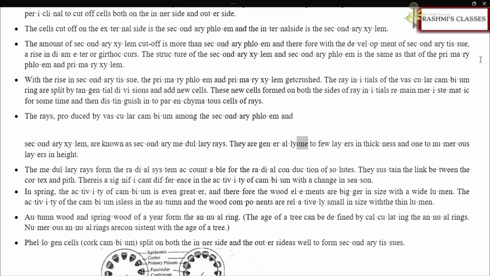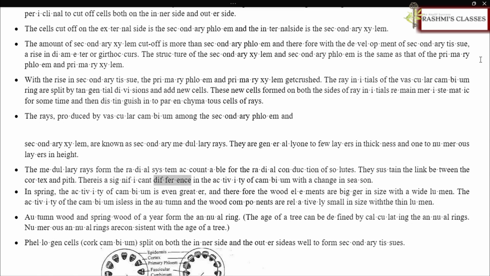They are generally 1 to few layers in thickness and 1 to numerous layers in height. The medullary rays form the radial system accountable for the radial conduction of solutes. They sustain the link between the cortex and pith.